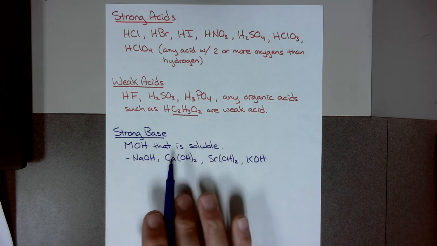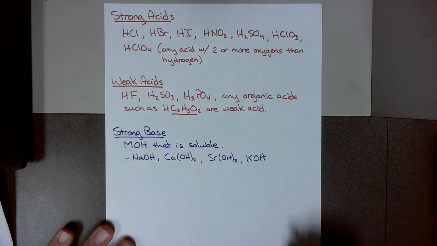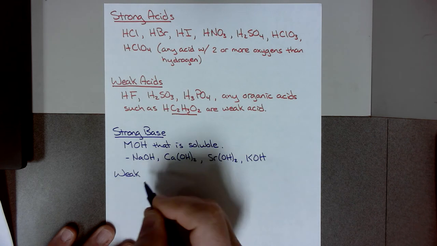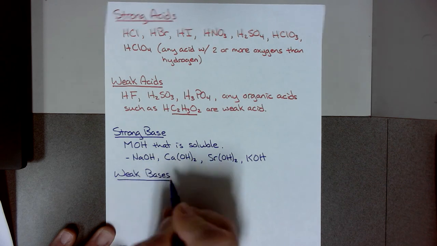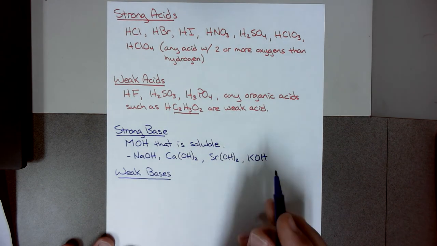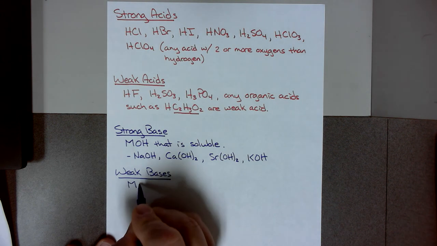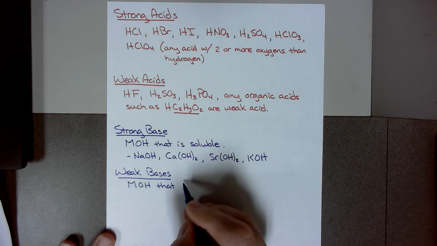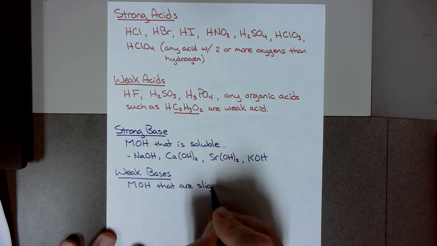So they're all soluble. The weak bases, and there's only a couple that you need to be aware of. So weak bases would include insoluble hydroxides, that are slightly soluble or insoluble.